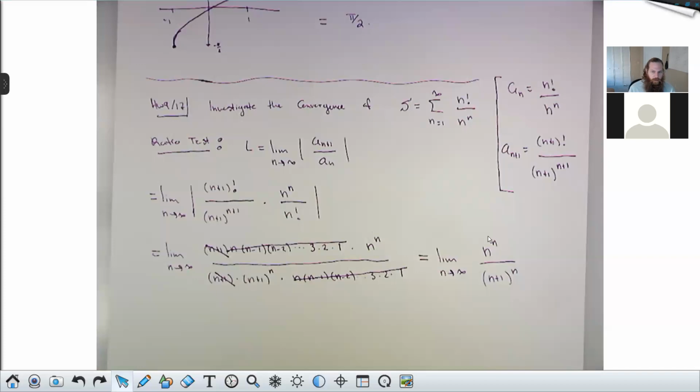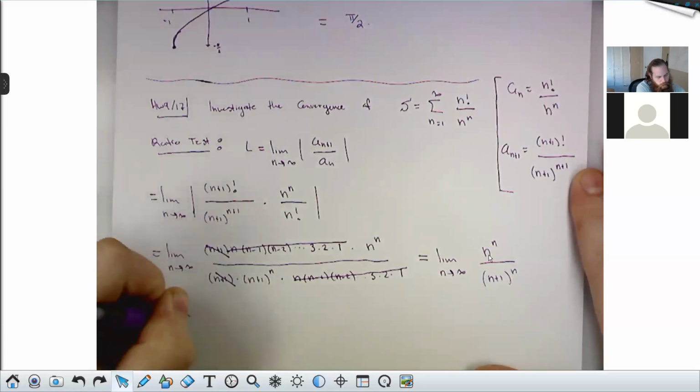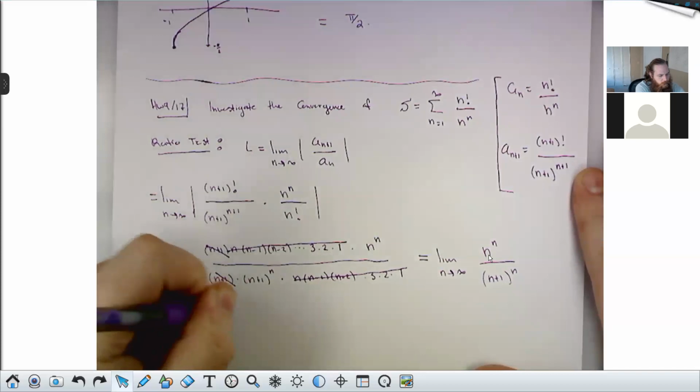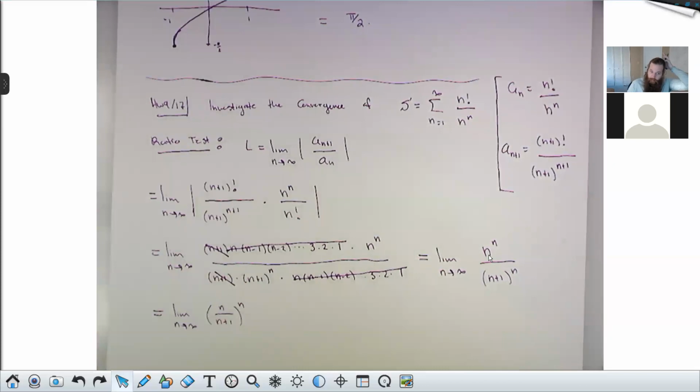So rather than attempting L'Hopital's rule at this stage, the move here is to just do some algebra. The top and bottom are both being raised to the n, so this is the same as (n over n+1) to the n. Which is still an indeterminate form.